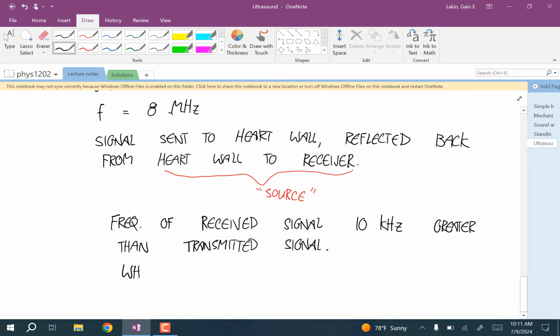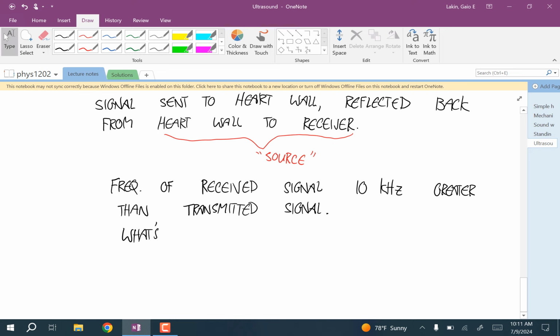And we want to use that to calculate the speed of the heart wall.